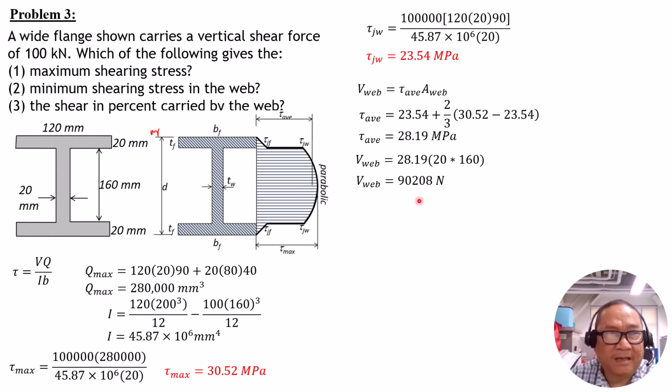This is the reason why in steel design, the shear force carried by the web is equal to allowable shear stress times the area, which is equal to the thickness of the web times the depth.